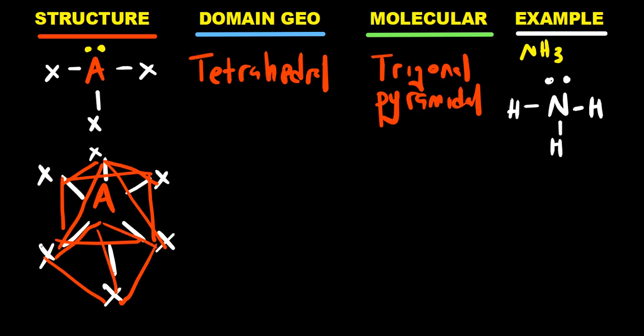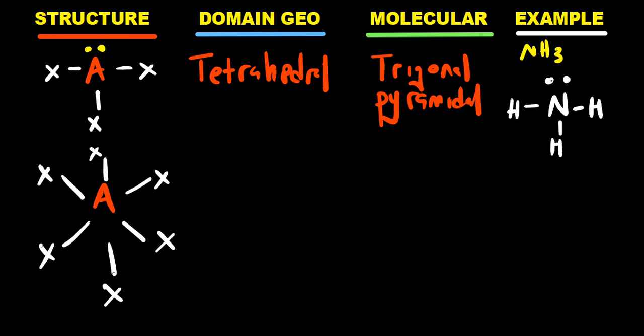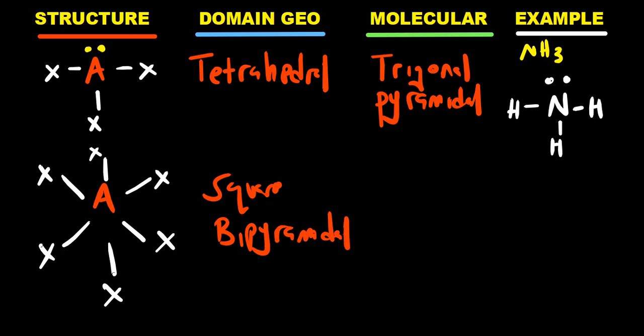Because the base is a square, this one will be called a square bipyramidal. Bi means two, right? 2 pyramids, one up and one down.